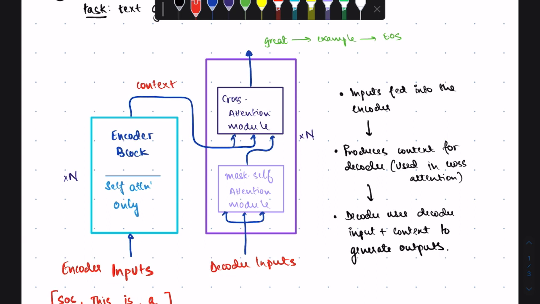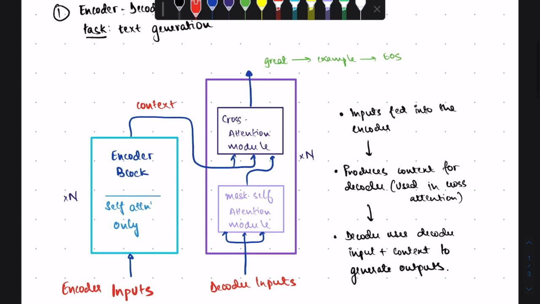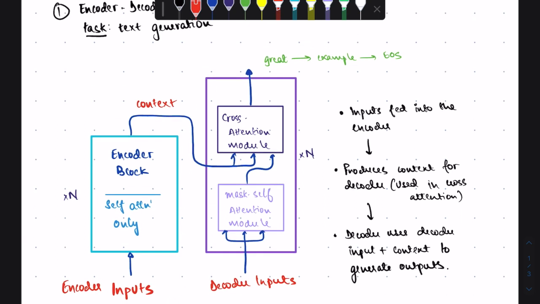What happens in the decoder is you one by one feed in a token, and it uses the fixed length context vector that it produces from the encoder inputs, attends to those, and repeatedly produces one output token at a time.